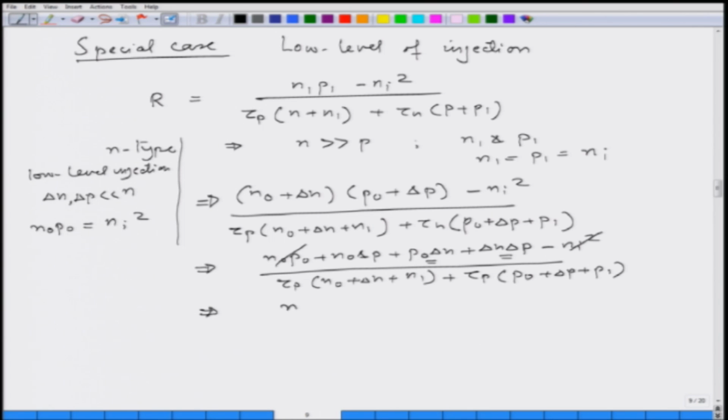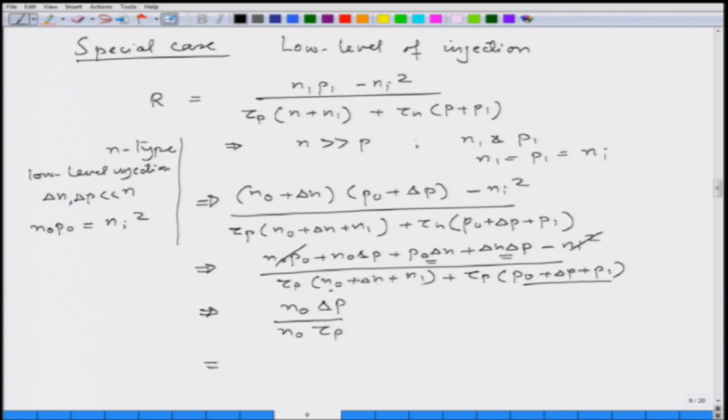The only thing that is left is n naught delta p from the numerator, because the other quantities are going to be very small. The same way, in the denominator, since it is a majority carrier device, this is always going to be much larger than this value, and within this also, this is always much larger than these values for an n-type device. Hence, you would get n naught delta p over n naught tau_p.